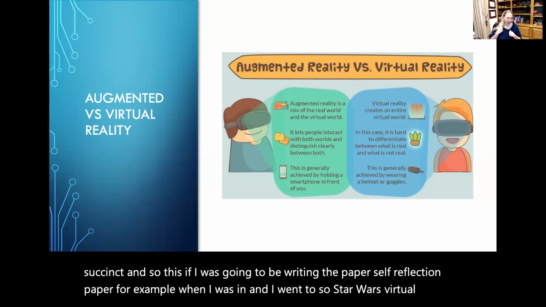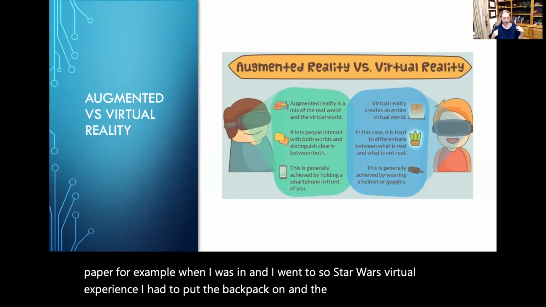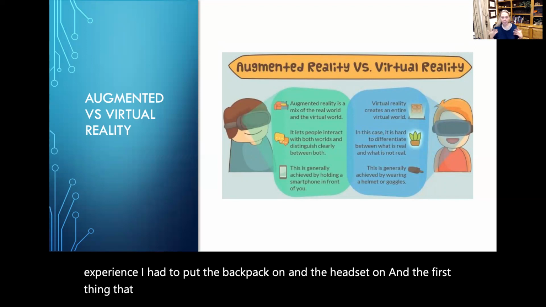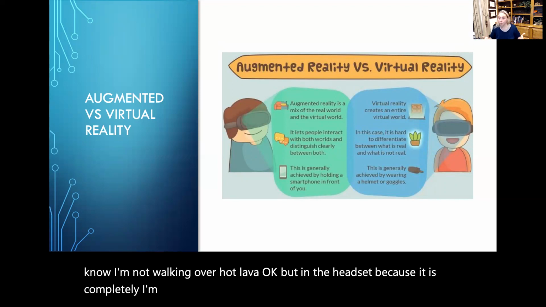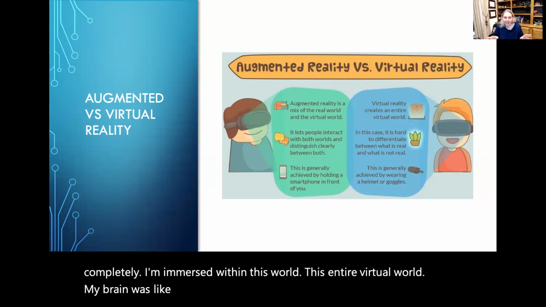I had to put the backpack on and the headset on, and the first thing they have you do is walk over a lava pit. Now, in my mind, I know I'm not walking over hot lava, okay? But in the headset, because I'm immersed within this entire virtual world, my brain was stepping very closely and watching where I was going and trying not to fall in.